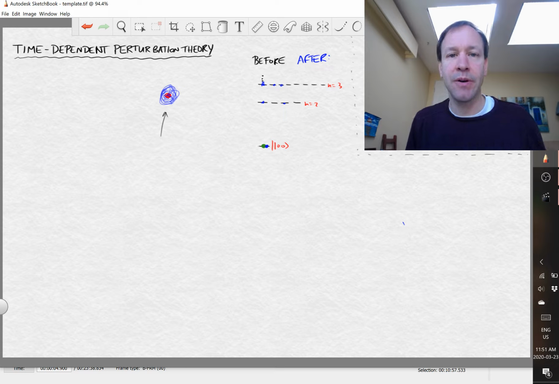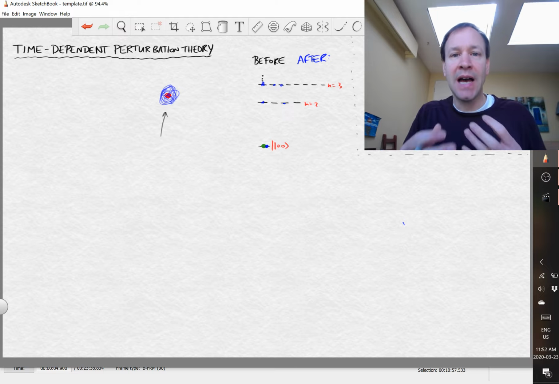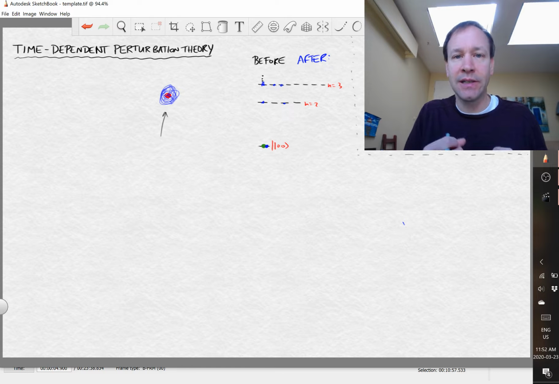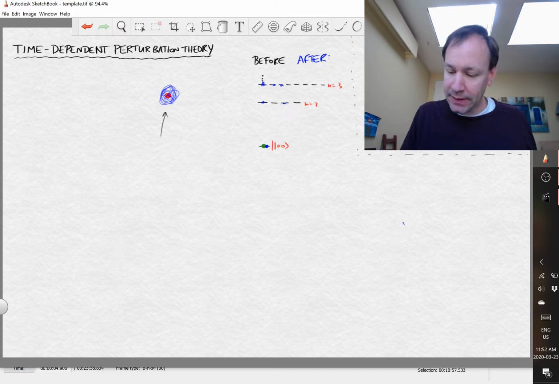So time-dependent perturbation theory is a method that allows us to basically estimate this final state of a system, assuming that the time-dependent part of the Hamiltonian that turns on for some time and turns off is not too strong. It does not have a huge effect on the state. Okay. And so let's try to set this up.